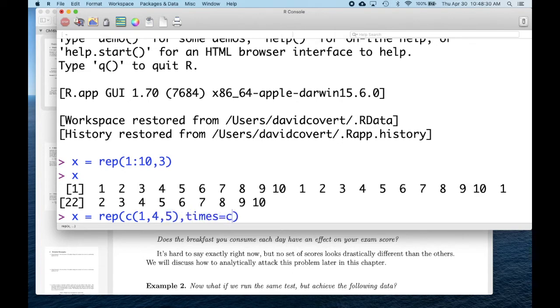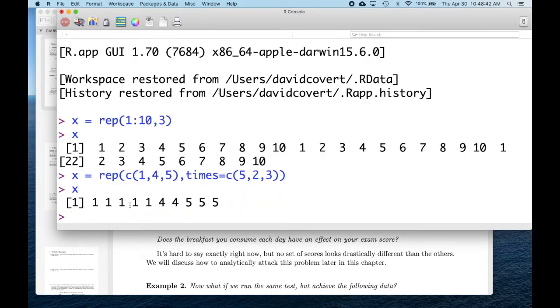And I want the first value repeated 5 times, the second value repeated 2 times, and the last value repeated 3 times. So what that's going to do is give us this value. So this is 1, 5 times, 4, 2 times, and 5, 3 times. Okay, so that's how this function is going to work.